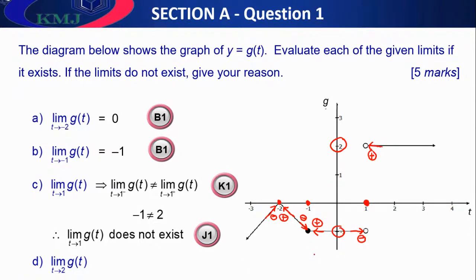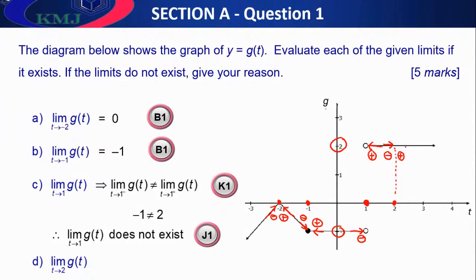So we give you 1 mark for the reason and 1 mark for the answer. For question D, to evaluate the limit of g(t) as t approaches 2 from both sides, this is t equals 2. So we read from the graph. From the left, the value of y is 2.